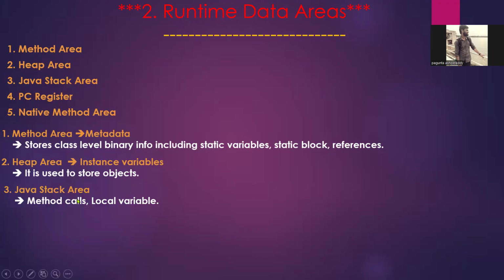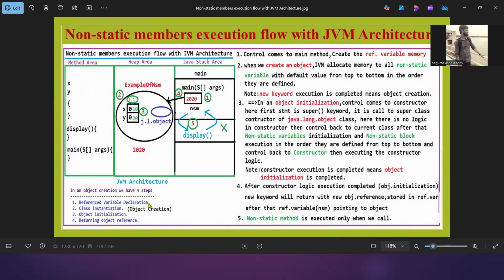Whenever methods are called, that many stack frames are created. Then local variables. Local variables are declared in a method only, right?